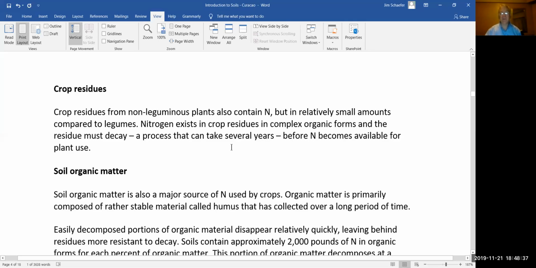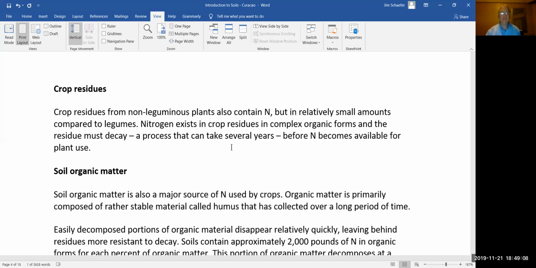The nice thing about creating a soil management system with respect to nitrogen, where you have organic matter added to the field, either from outside or from the incorporation of crop residues, the liberation of ammonia and the liberation of nitrates from that source of nitrogen is a slow release process.